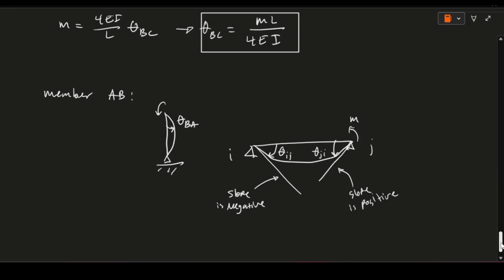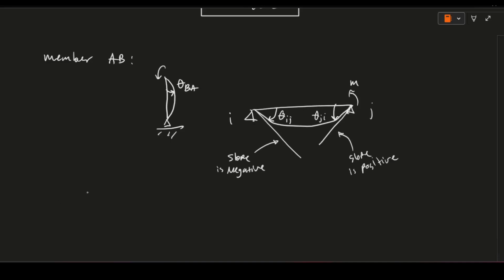So if we want to find theta ij, we have to take into account the negative slope, that is the minus dy/dx for x equals 0, because we defined this angle to be positive, so you have to counteract the negative there.